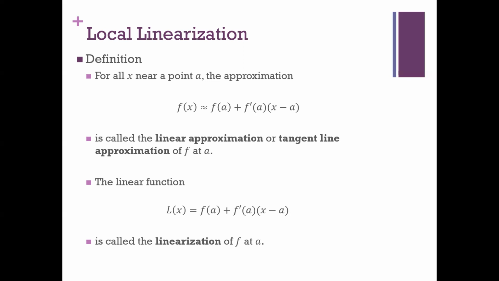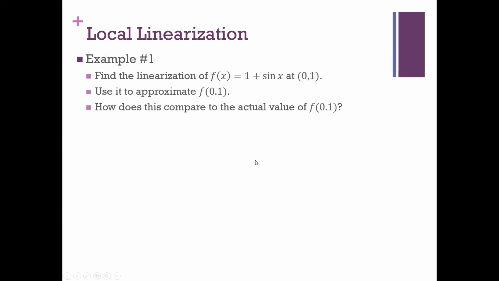All right, so let's take a look at this idea with a couple examples. I want to linearize the function f of x equals 1 plus sine of x at the point (0, 1). Off in the margin here, is the function 1 plus sine of x linear?